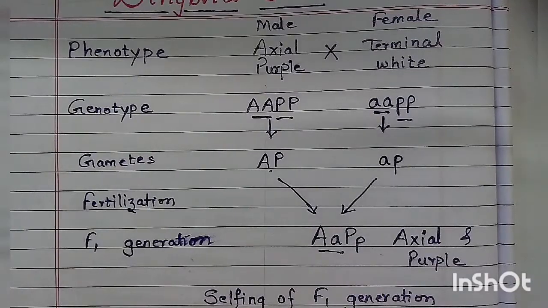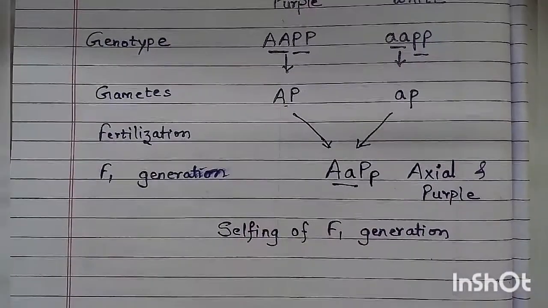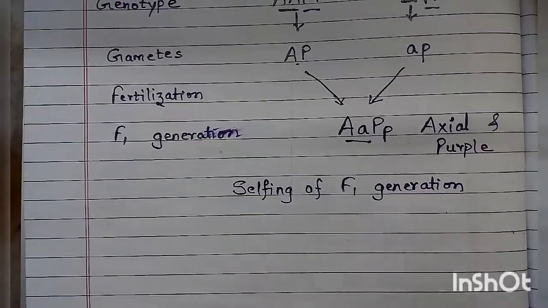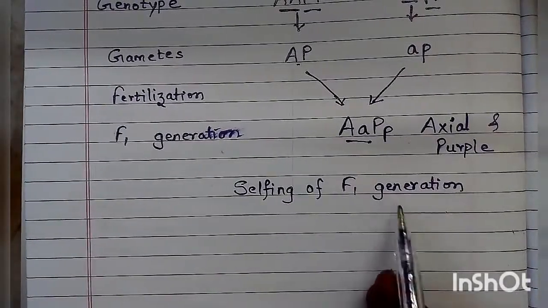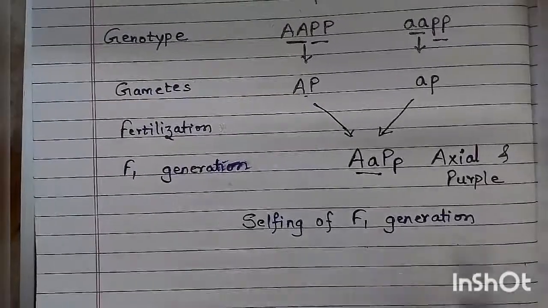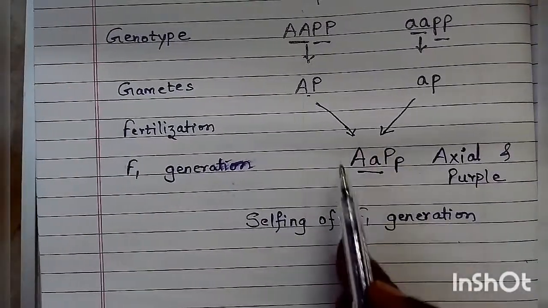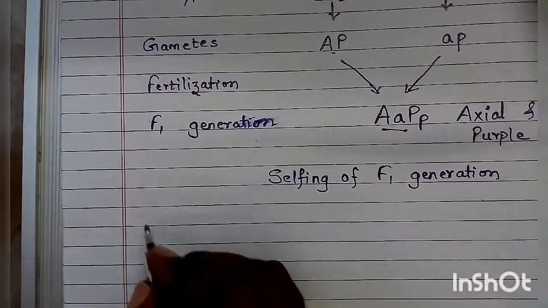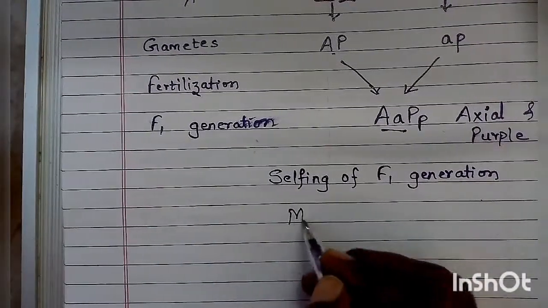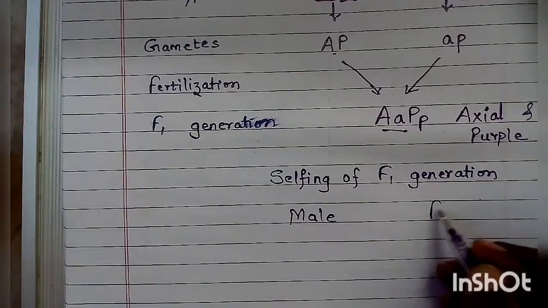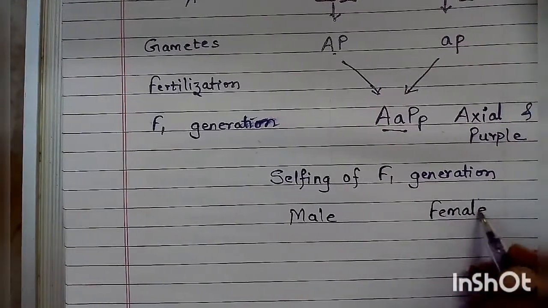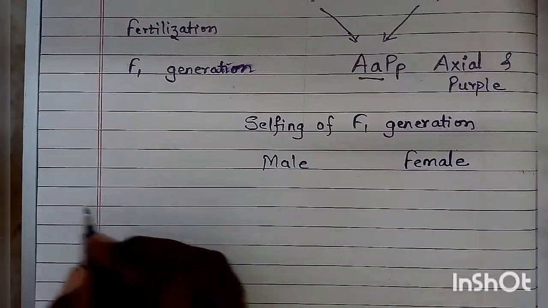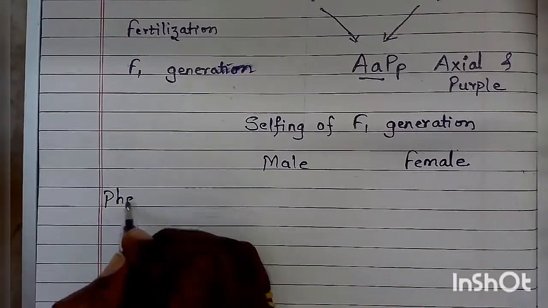So till now we have studied the first half of the cross. To get the second half, what we have to do is selfing of the F1 generation. So we have to cross the F1 generation with the F1 generation only. Now the phenotypes will be, first we'll see that both the parents are male and female.